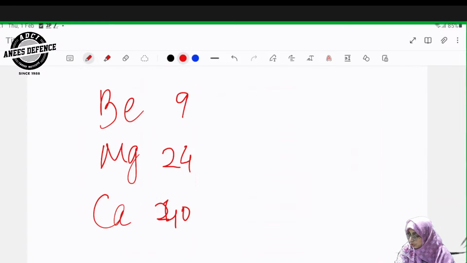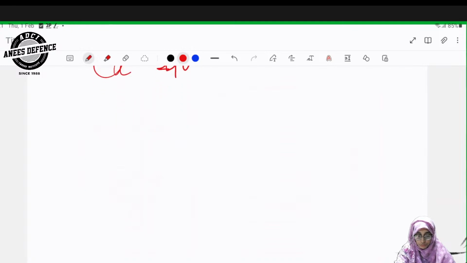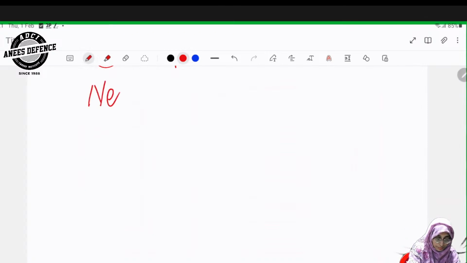So, Dobereiner grouped the elements in 3s. That's what is called Dobereiner's law of triads. After the failure of Dobereiner's triad, next came Newlands.